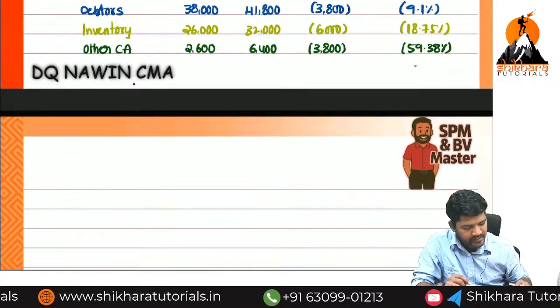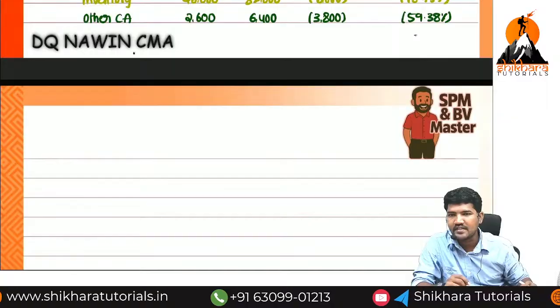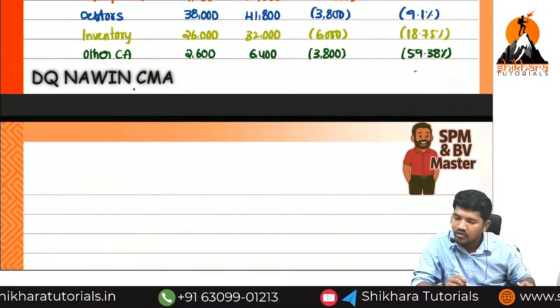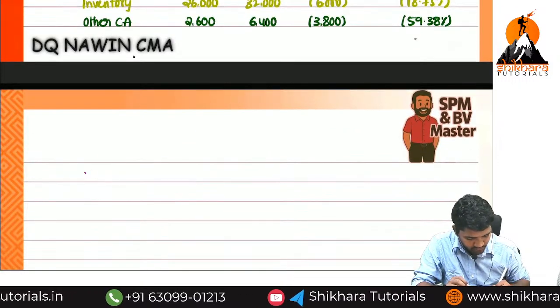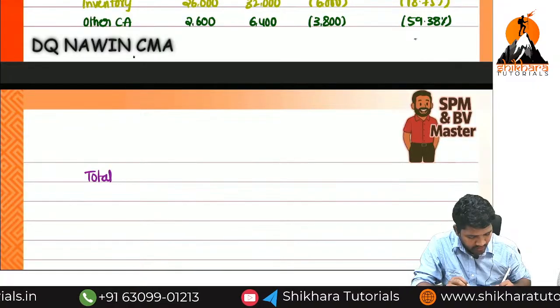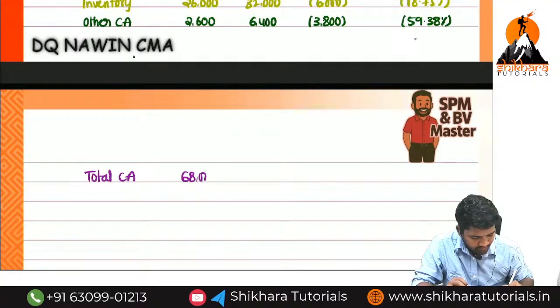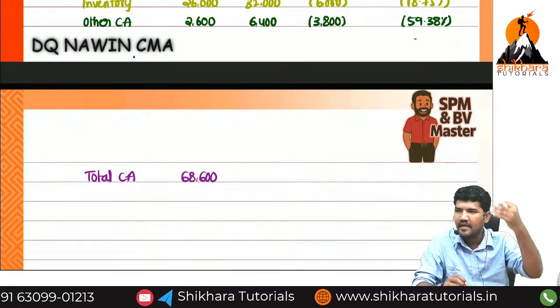Now the next element: total current assets. Write it down; total current assets is also a requirement. Total current assets 68,600. Don't change the format; go with every element.